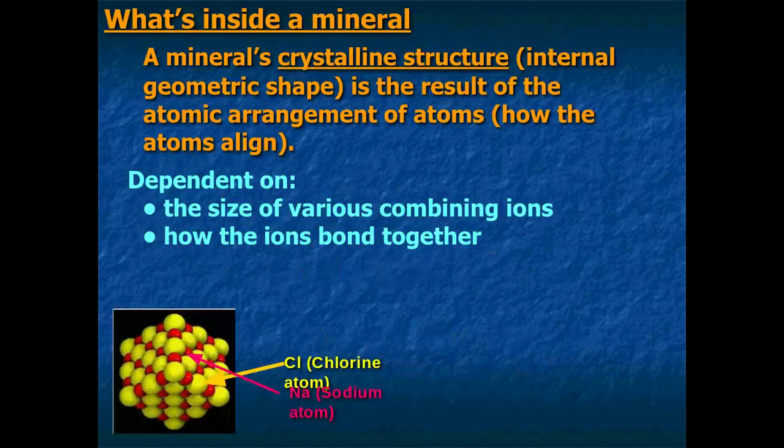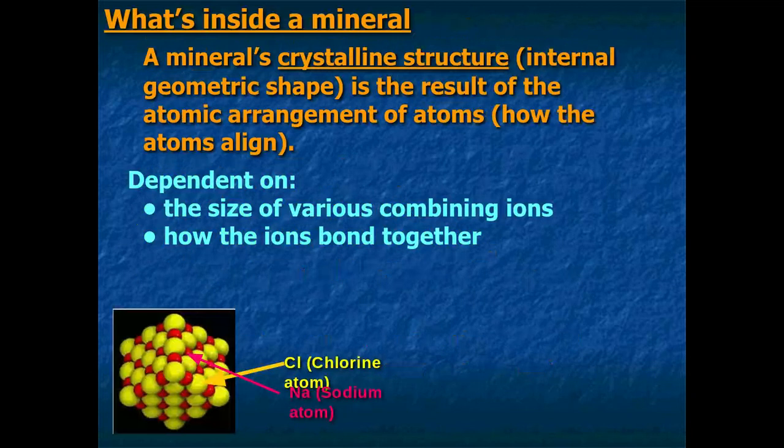So for the remainder of the discussion of minerals, we're going to spend most of our time in the latter part of the definition. We're going to spend most of our time looking at the internal structure and the orderly arrangement of atoms within a mineral. So to start with, we ask the question, what's inside a mineral?